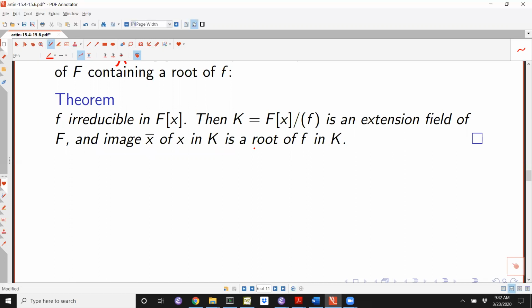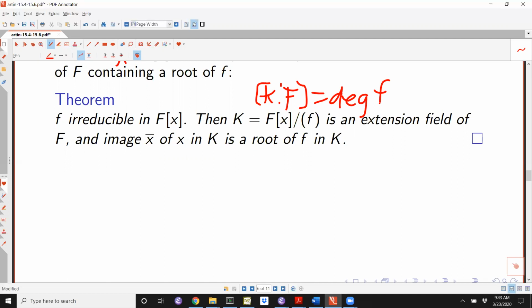Remember that the degree of K over F will be the degree of f. So that creates an extension field of F, and the image of x in K is a root of f in K.